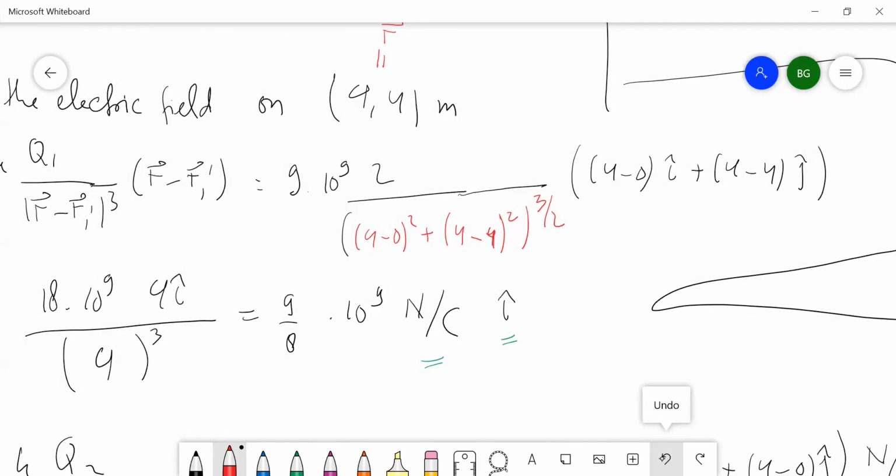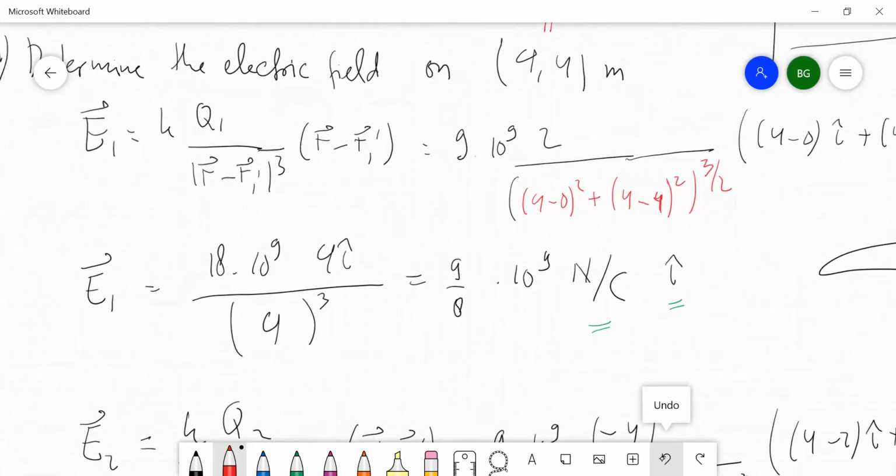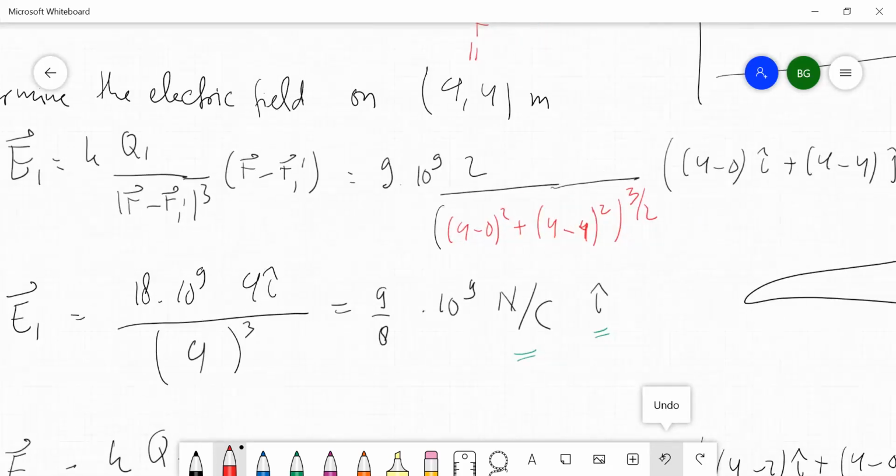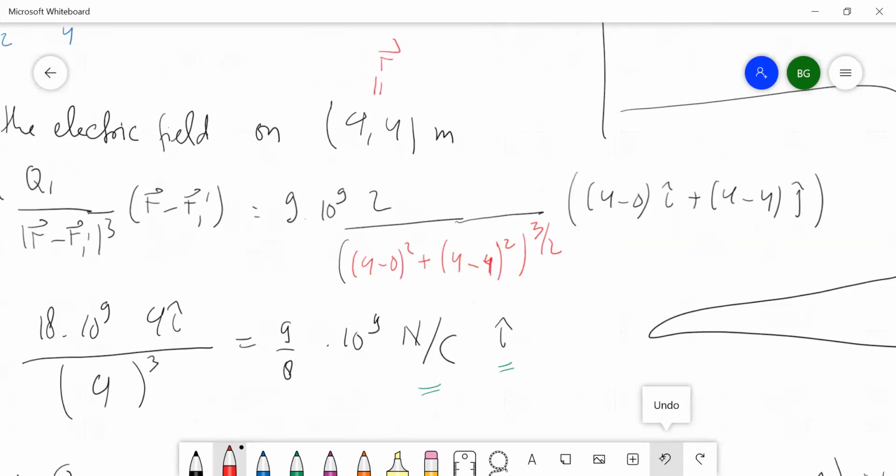So the direction of E1 here is only in the x-axis. The first electric field is produced by this capital Q1, because this component is 0.